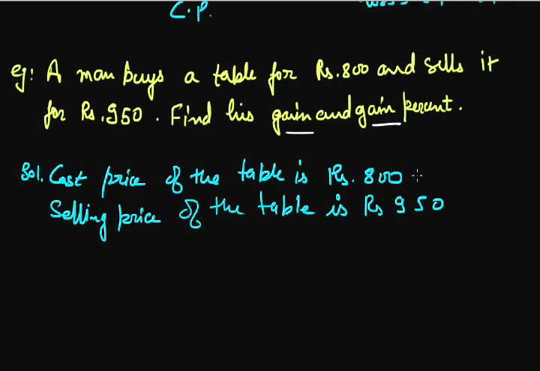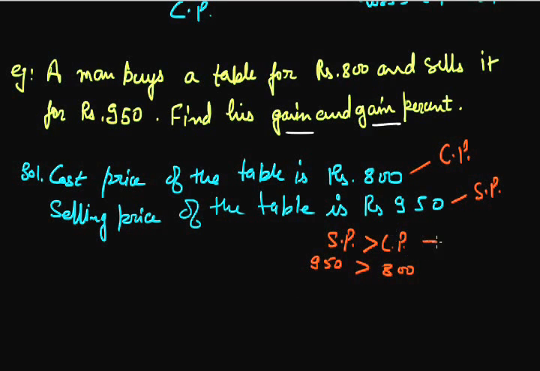So here you can see that this is the cost price and 950 is the selling price. Also you can see that the selling price is greater than the cost price, as rupees 950 is greater than rupees 800. So here we can say that there is a profit or gain.